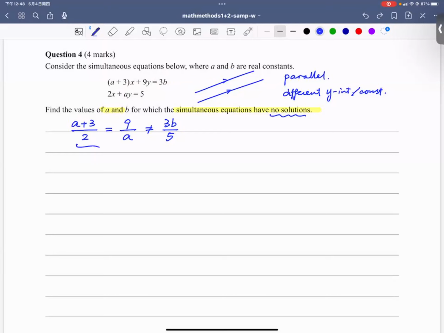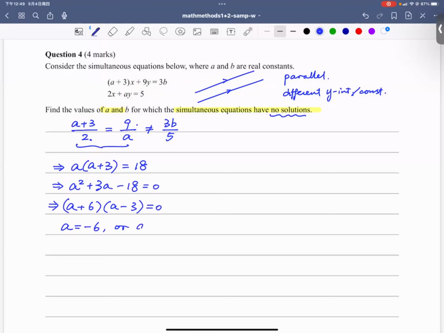So let's have a look at the first equation. So I should have a times a plus 3 equals 2 times 9, which is 18. Therefore, you should have a squared plus 3a minus 18 equals 0. Now, you can say a plus 6, a minus 3, okay, equals 0. So a equals minus 6 or a equals 3.